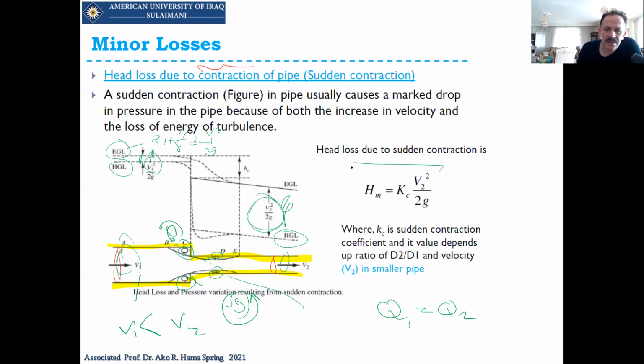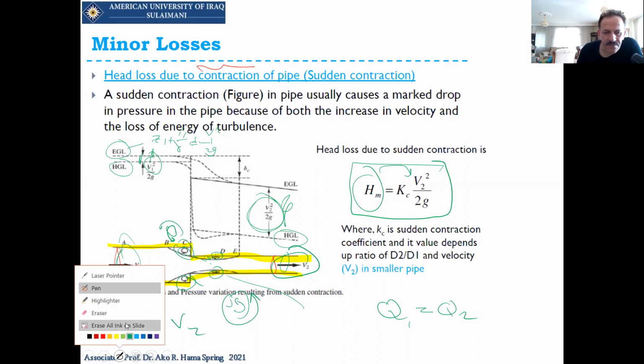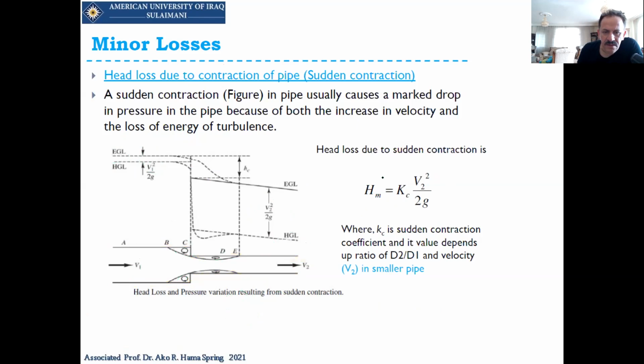But the gradient line will be less. Anyway, this is the coefficient. In this way, we can find the head loss due to that sudden contraction. So the sudden contraction is a function of velocity downstream. Be careful that the head loss here, due to this contraction, is a function of V2 square.